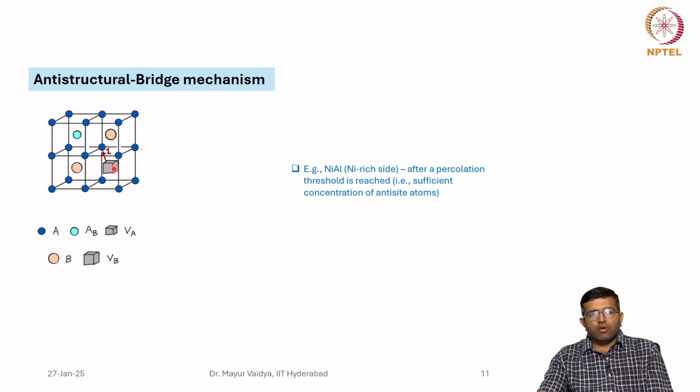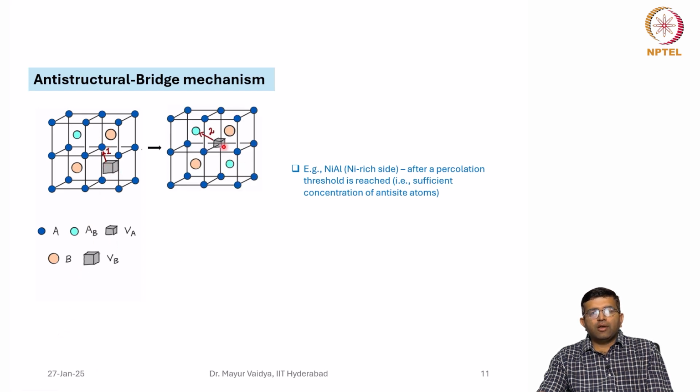So, if you have a vacancy on the B sublattice, for example here, and it exchanges its position with this A atom, and here again this vacancy comes on the A, so it exchanges its position with A, which was present on the B sublattice as an anti-site defect.